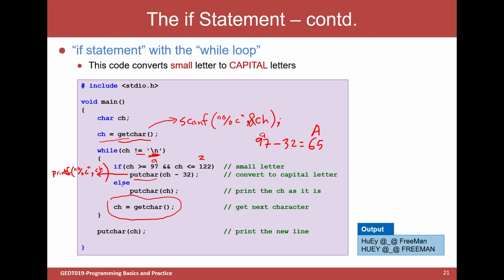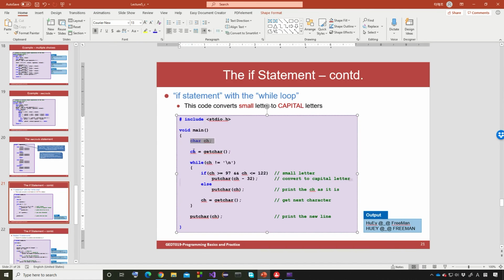So what is the else here? If the character is not a small letter, that means it is a capital letter, so print it as it is. This is the else. Else put the character as it is. Don't do anything because the character is a capital letter. Okay, let's execute this one to show you.